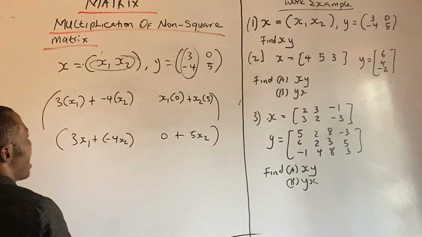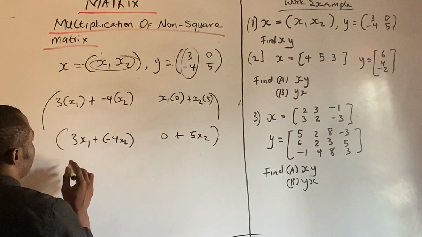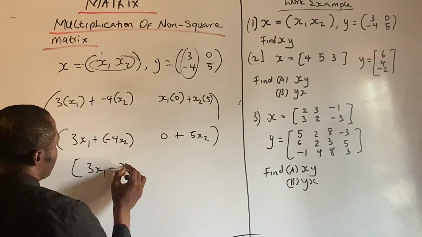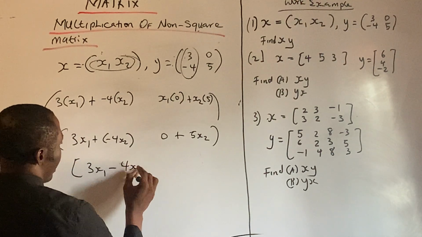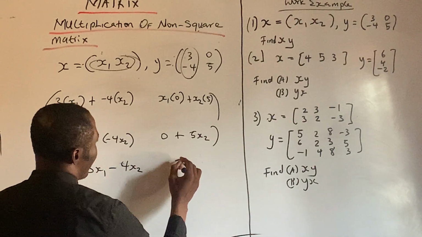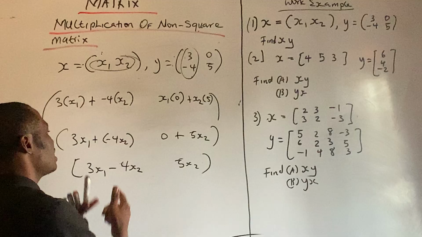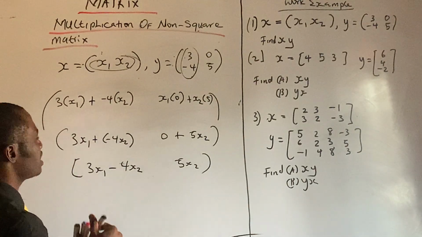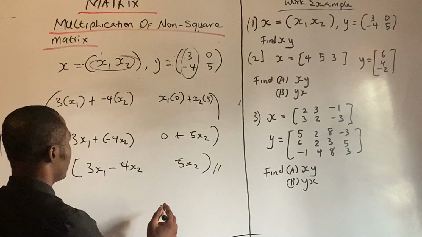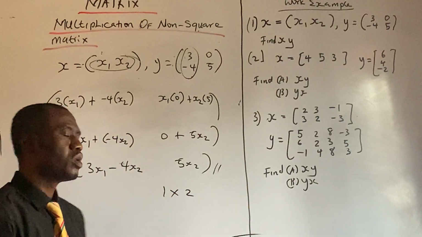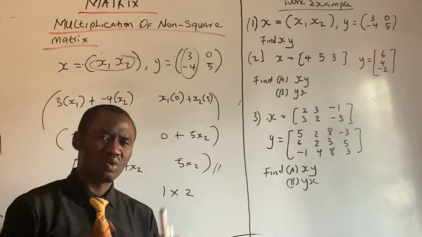Now, if I open this bracket, the final answer is 3x1 minus 4x2 and 5x2. Understand that these cannot be added together. So this is the final answer, and it is a 1 by 2 matrix, which means we are correct.